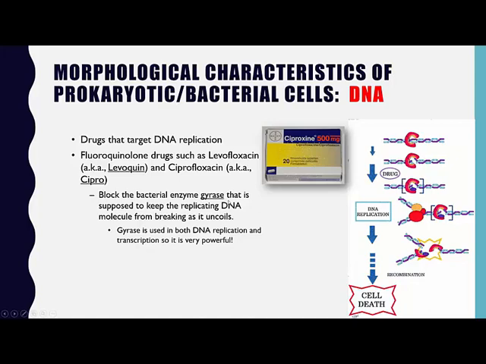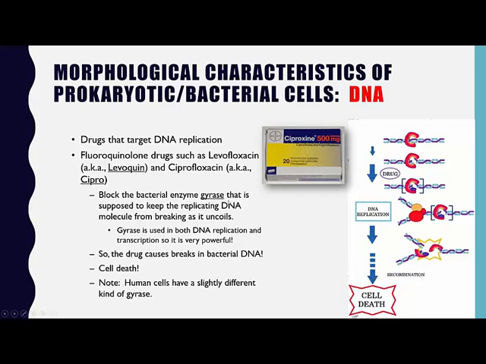When a gene is about to be transcribed and copied into a messenger RNA, DNA has to uncoil there, and it uses gyrase. So understand that drugs that target gyrase are very powerful, okay? So the drug basically causes breaks in DNA, and it will kill the bacterial cell. Cell death. All right.